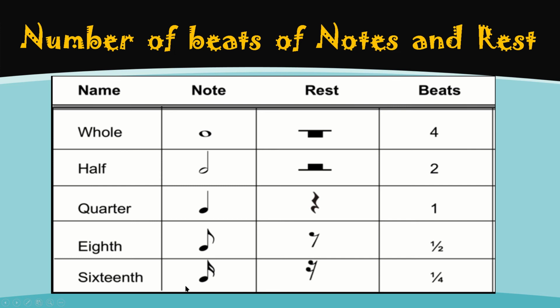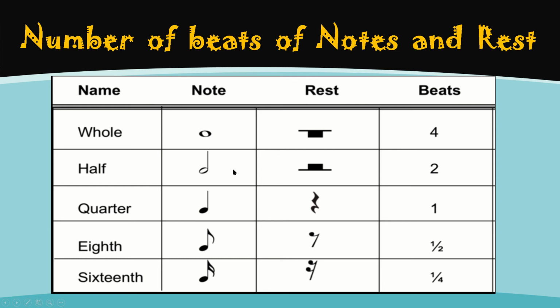Here are the notes, the rests, and also their beats. On the first row, you will see a whole note and a whole rest, which have 4 beats each. 4 beats for whole note and 4 beats also for whole rest.